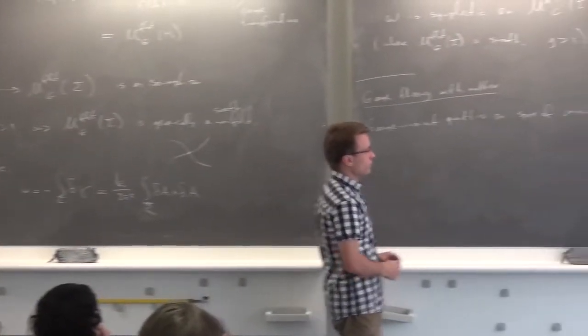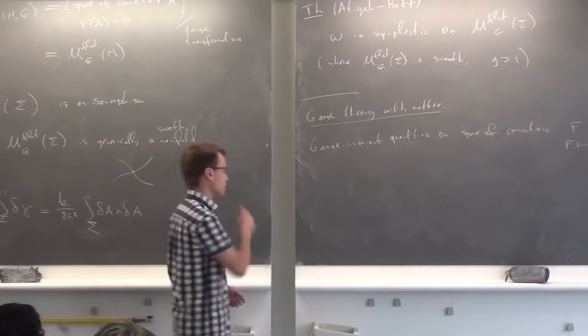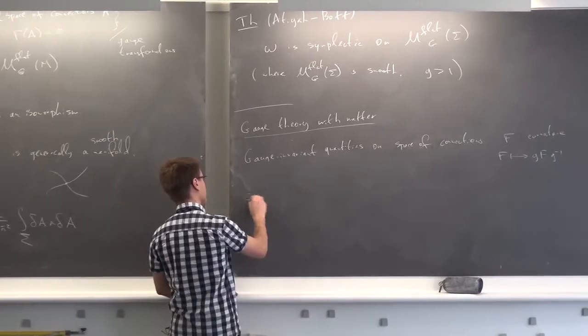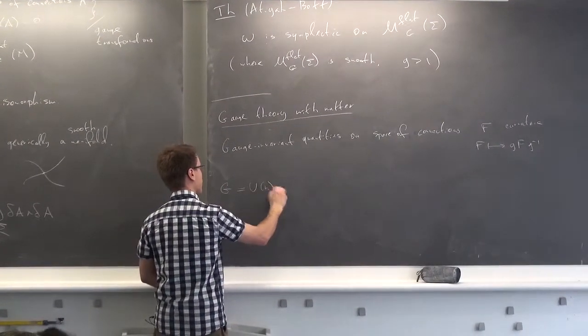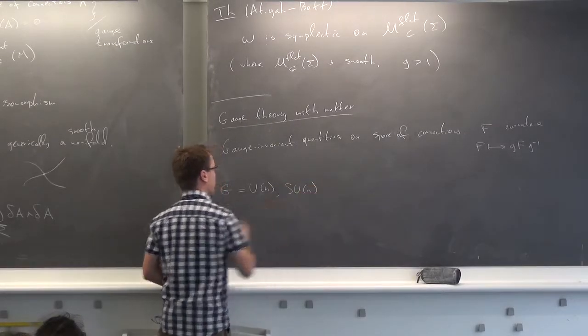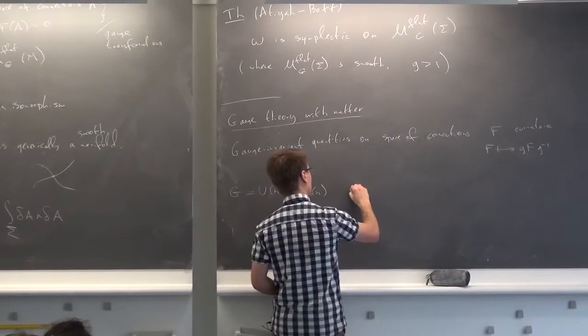And now I'm going to give some new ways of constructing gauge invariant quantities, which is the following. Again, let me fix G, some matrix group. So you can think about U(N) or SU(N). So some matrix group.